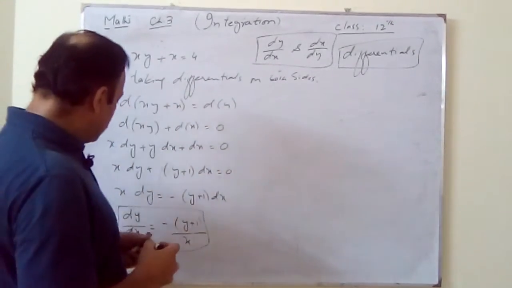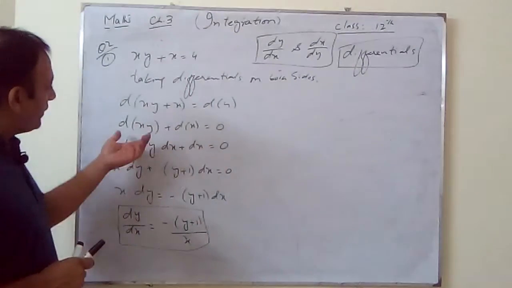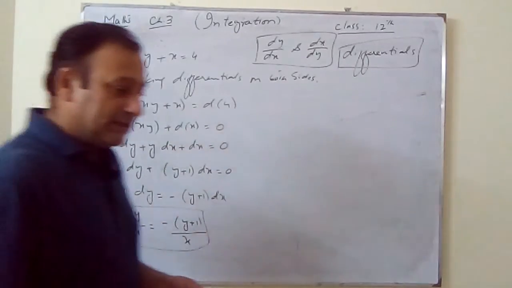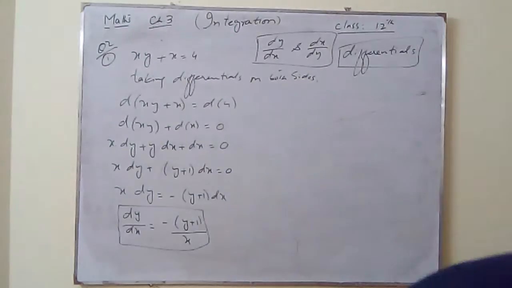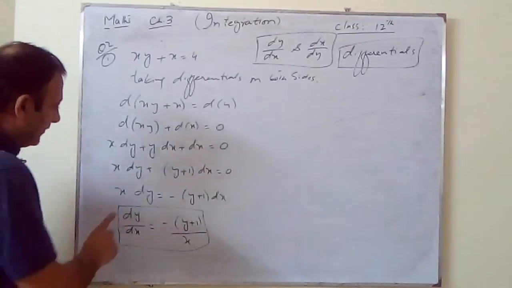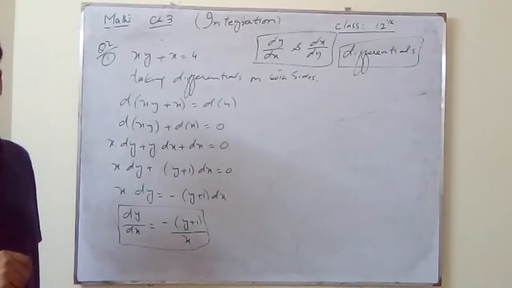So this is the differential dy over dx. The same rule we are applying here, no change. What is the difference between derivative and differential?